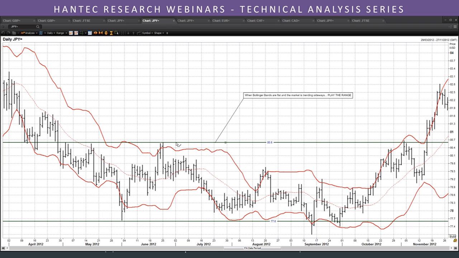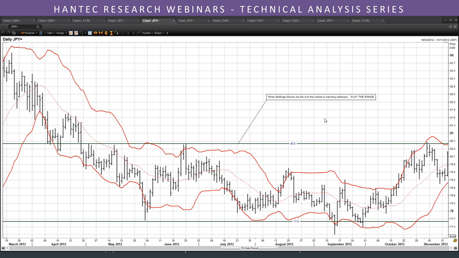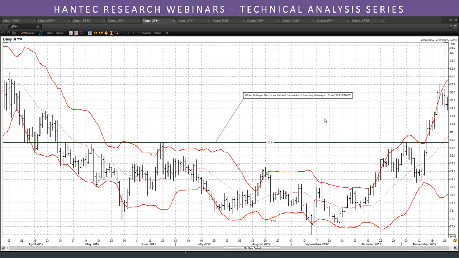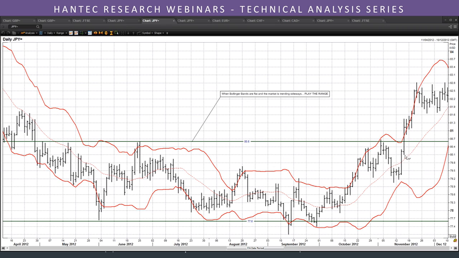Again, it hit the resistance of that 80.60 level, and then came back. The end of that range phase comes with the breakout on that strong move on the upside, and that is when I believe you would have stopped playing that move because of the end of that sideways trend.